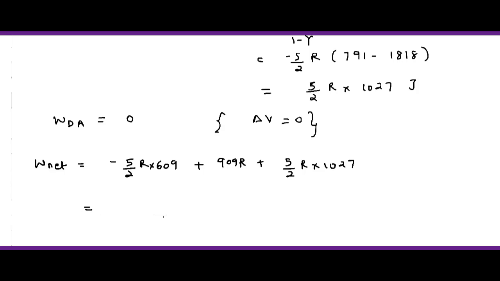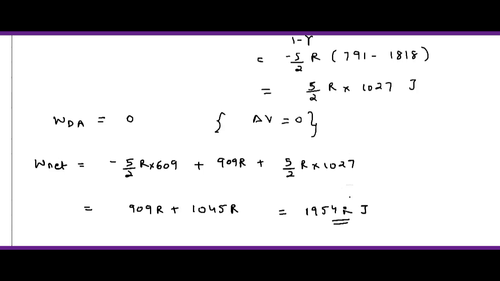Solving this, we get 909 R plus 1045 R, and adding these we get the answer 1954 R joules. So this is the total net work done we have calculated.